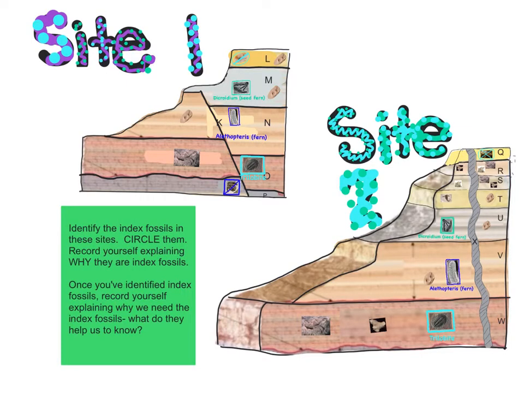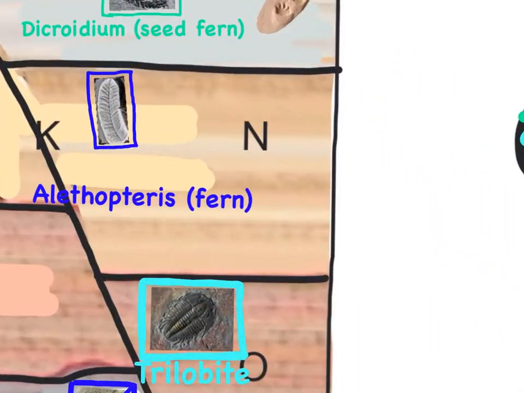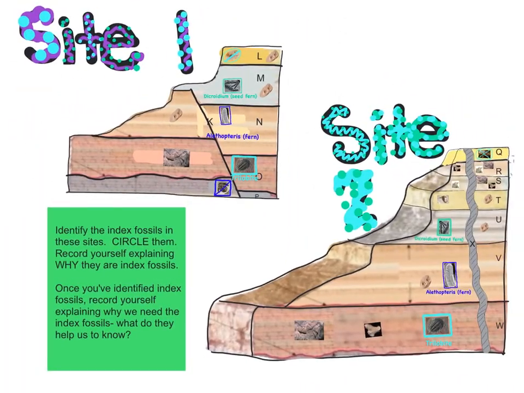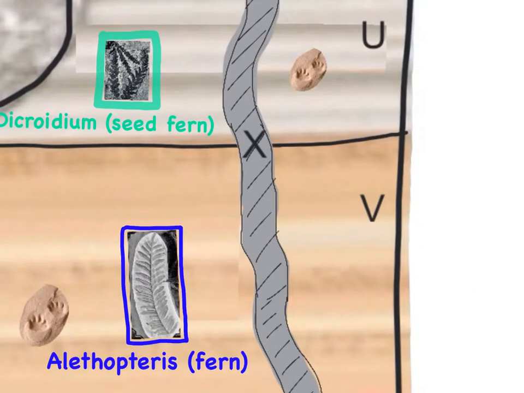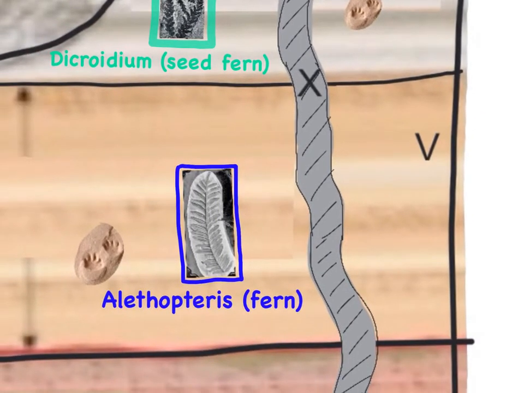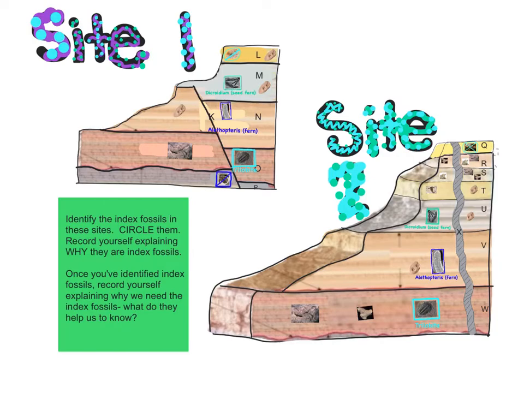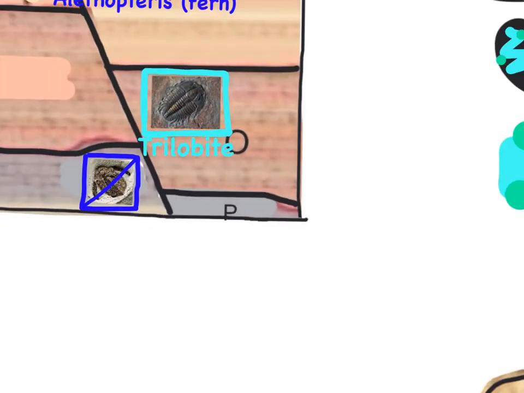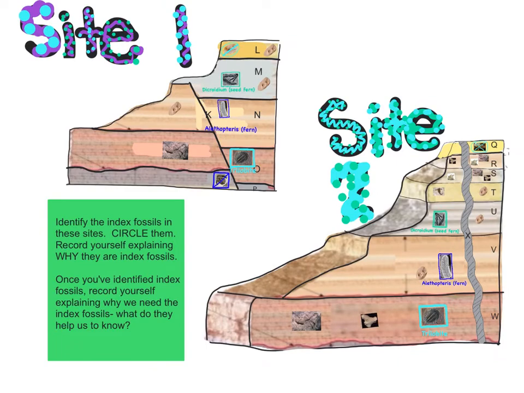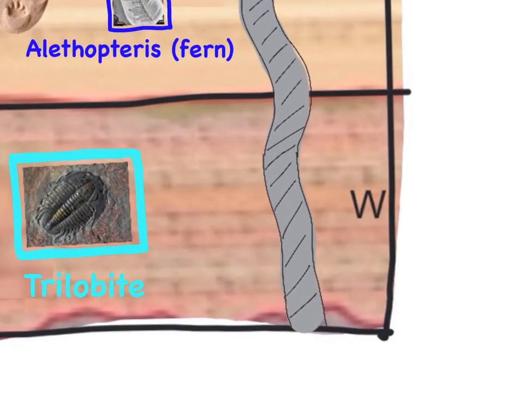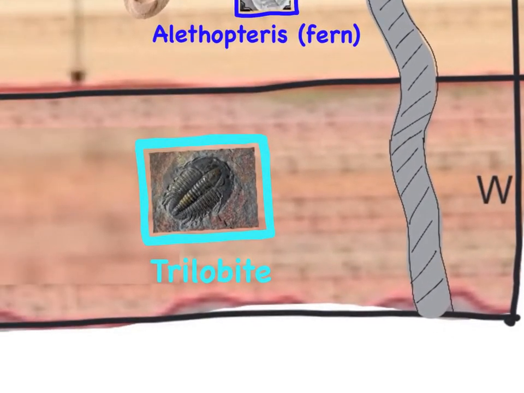Our next index fossil we find in rock layers N and V. The index fossil we find in these layers is called the Eleuthopteris, which is a fern, but in this case, it looks like a feather. Our last index fossil we find in rock layers O and W. The index fossil we find in these layers is called the trilobite.